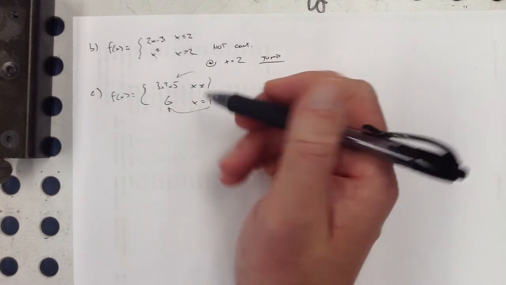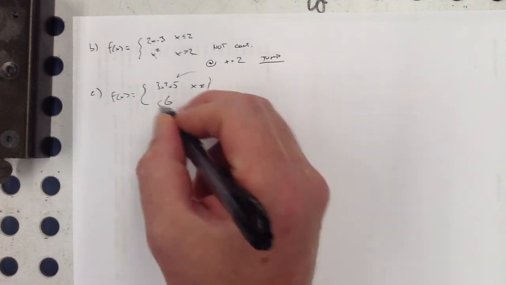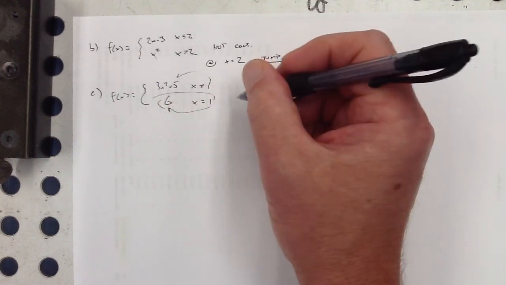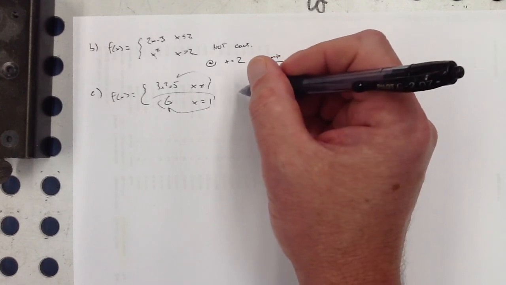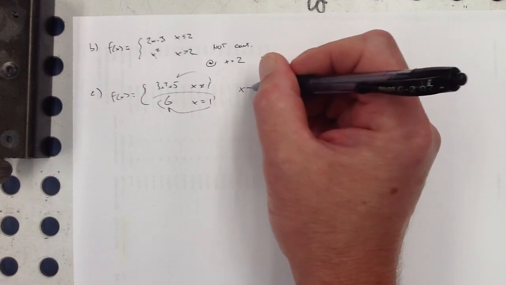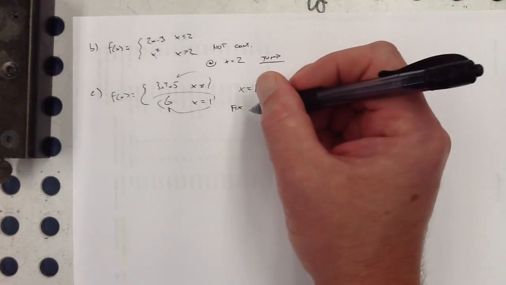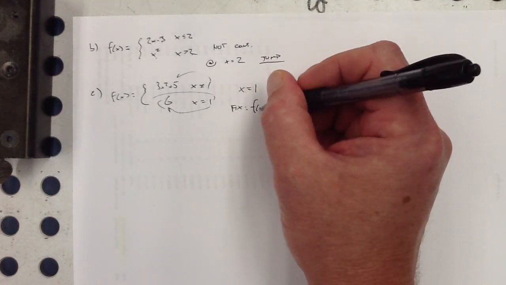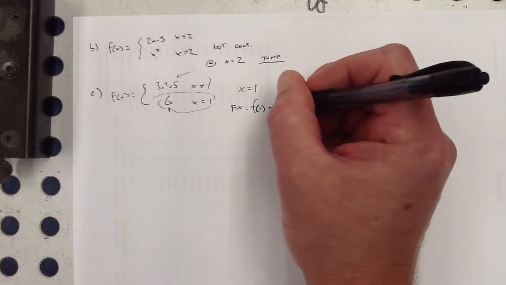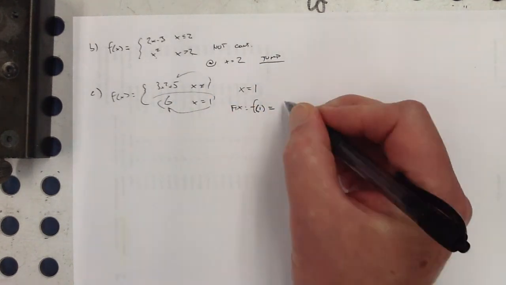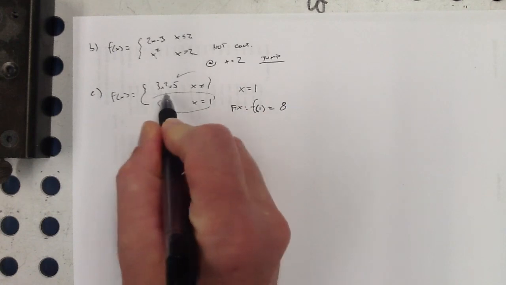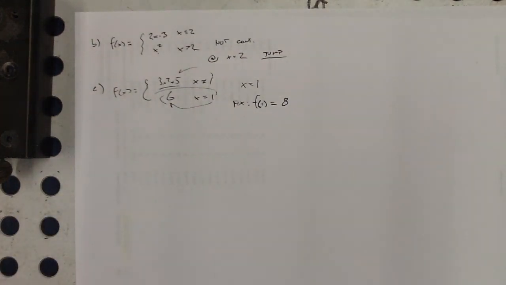You just get 6 all the time. So it's like this point is in the wrong place here. So to fix that, at x equals 1 we got a problem, but I could fix it by making f of 1 equal to 8. That's what it should be if you don't want to have that hole problem.